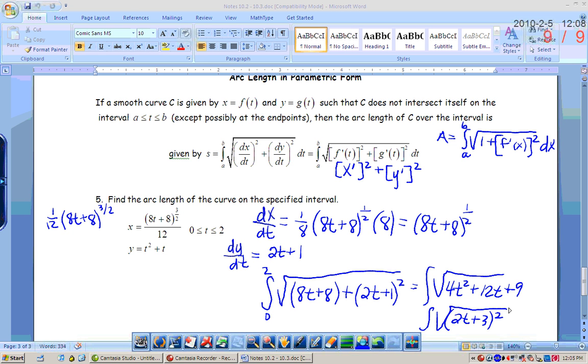And the square root of (2t plus 3) squared is 2t plus 3, so we're really only integrating 2t plus 3 from 0 to 2.